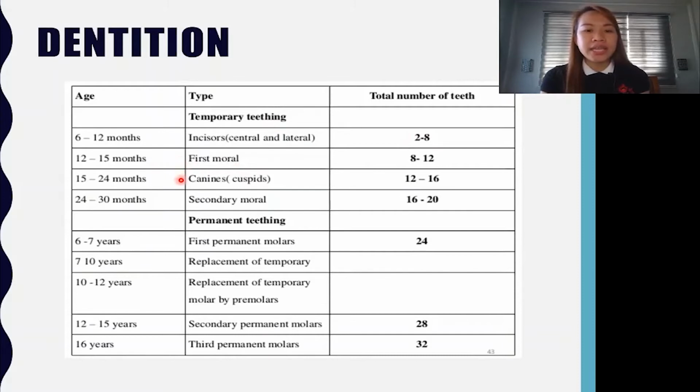And then canine, susunod yung canines, and then second molar. I want to emphasize at 6 to 7 years old, nagkakaroon na tayo ng permanent teeth. So I have our first permanent molars. And then the replacement of temporary teeth will follow. So take note, class, the temporary teeth, the maximum number is 20, while ang permanent teeth natin is 32. Okay.